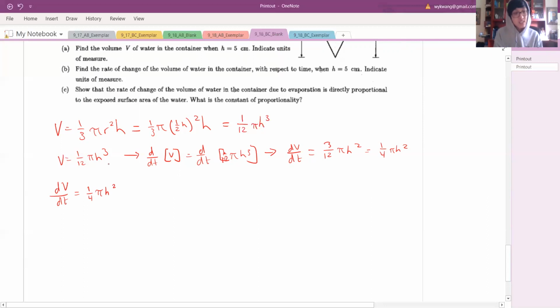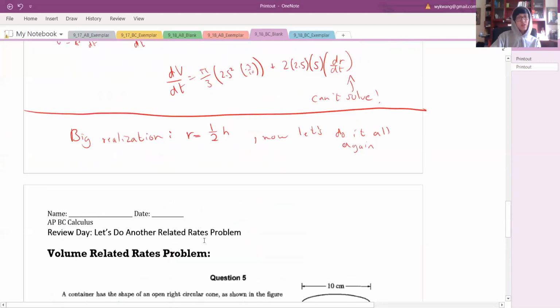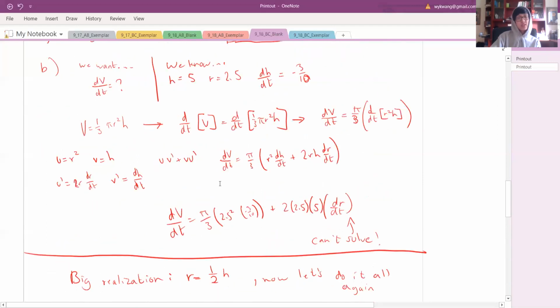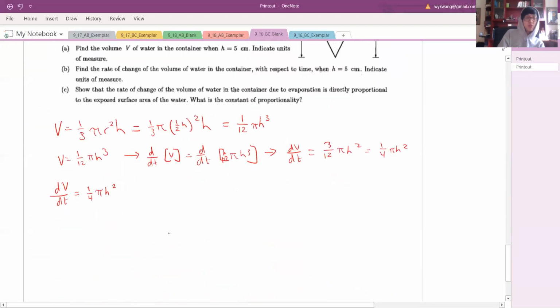Bam, that looks like a nice equation, because what do we have? Let's look earlier. We are told what h is. H is equal to 5. It's given to us in this problem. So that's equal to 1/4 pi times 5 squared, which is 25 over 4 pi.